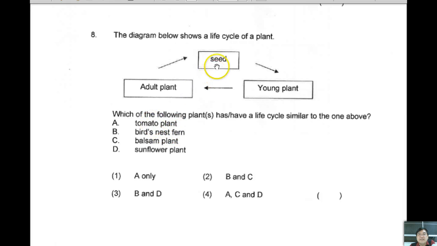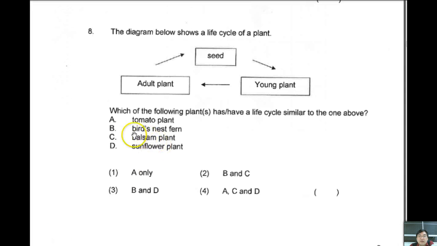This one is by seed. Tomato plant has flowers, so it's by seed. Bird nest fern, by spores. Balsam plant, seed. Sunflower plant, seed. So which one has a life cycle similar to the one above? Wow, this is a bit tricky. Let me think for a while.